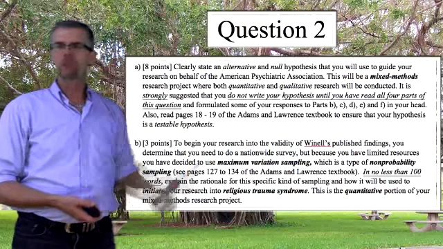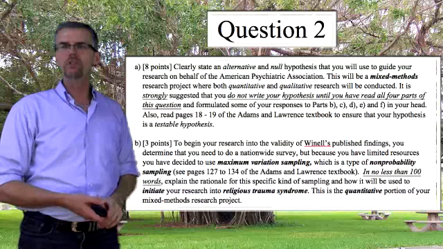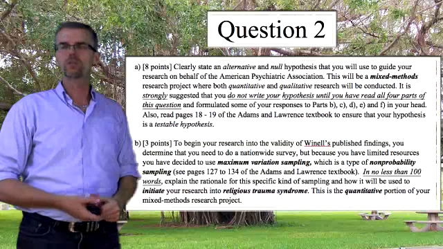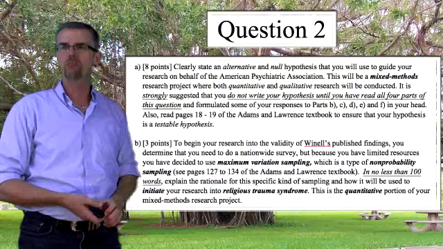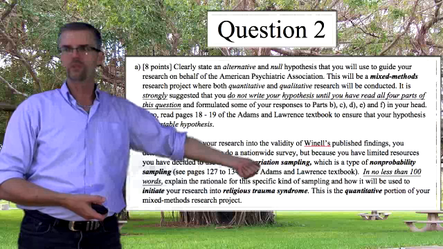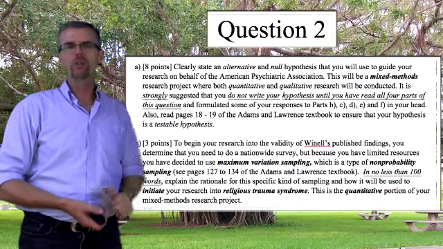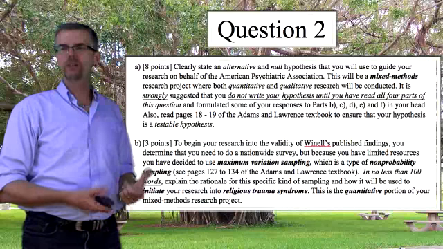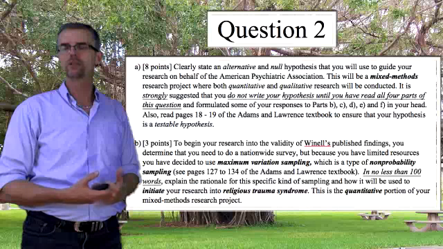So part B, to begin your research into the validity of Winnell's published findings, you determined that you need to do a nationwide survey, but because you have limited resources, you have decided to use maximum variation sampling, which is a type of non-probability sampling. So this is on pages 127 to 134 of the Adams and Lawrence textbook, and I want you to write in no less than 100 words what's your rationale for this specific kind of sampling and how it will be used to initiate your research into religious trauma syndrome.